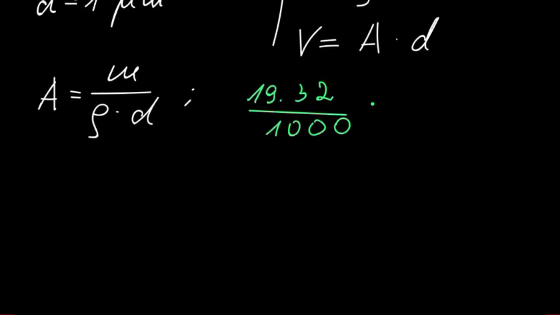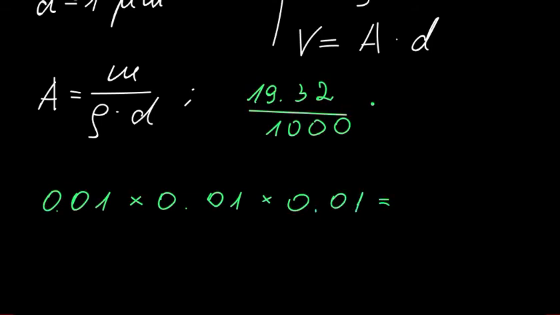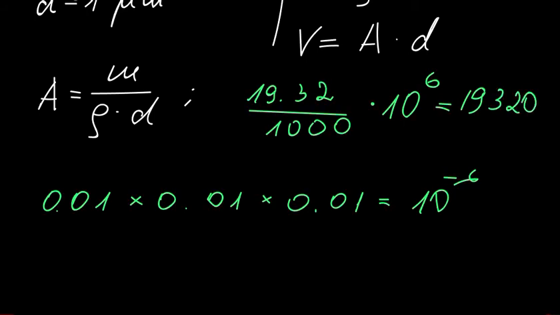So let's do the same thing as I did in the previous example, because 1 meter has 100 centimeters, and this gives us 10 to the power of minus 6. So we need to multiply it by 10 to the power of 6, and this gives us that the density of gold is 19,320 kilograms per cubic meter.